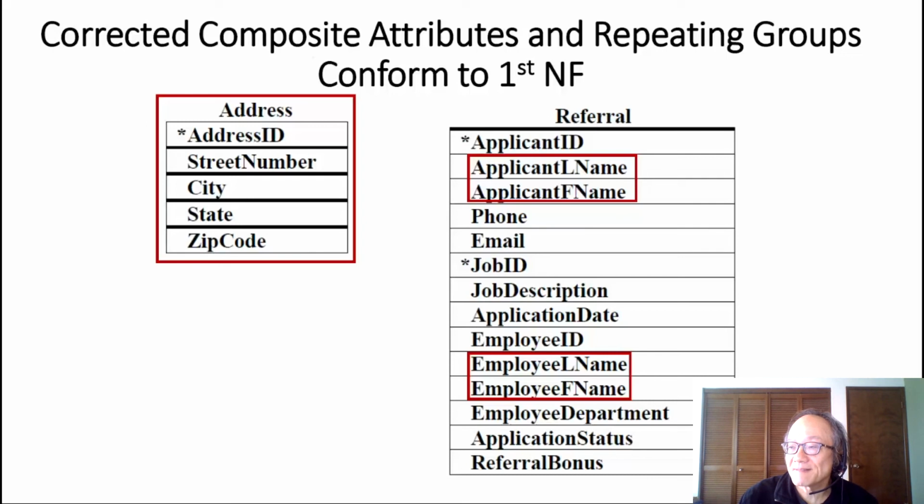Because we just made some changes, we need to go back to the very beginning of the normalization process to confirm our design indeed still conforms to the first normal form. And yes, it does.